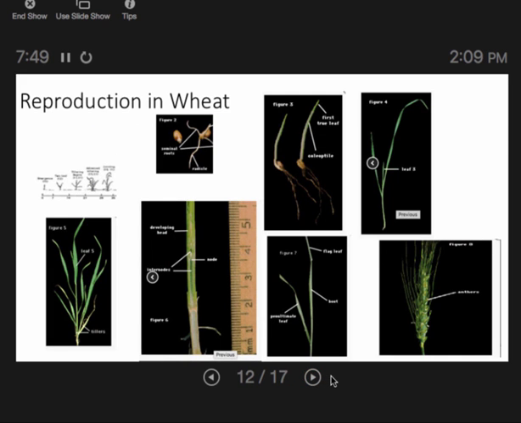Okay, so the reproduction in wheat. The growth cycle of wheat has the following divisions. So it's germination, and you need a particular time of the year. Out here, they start planting around May, and they call it the first frost.